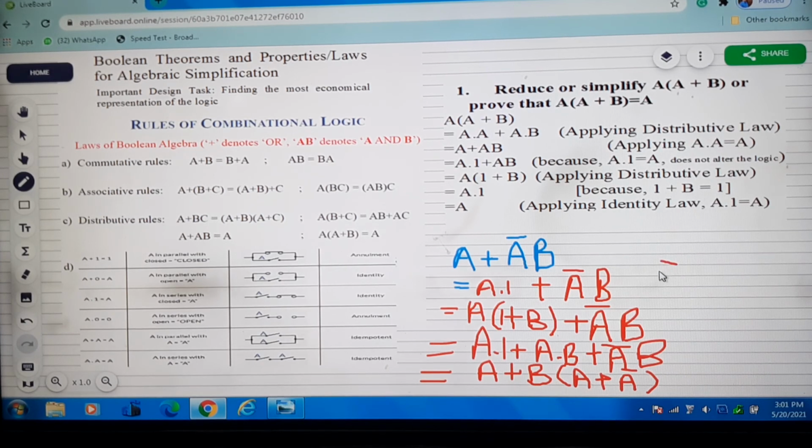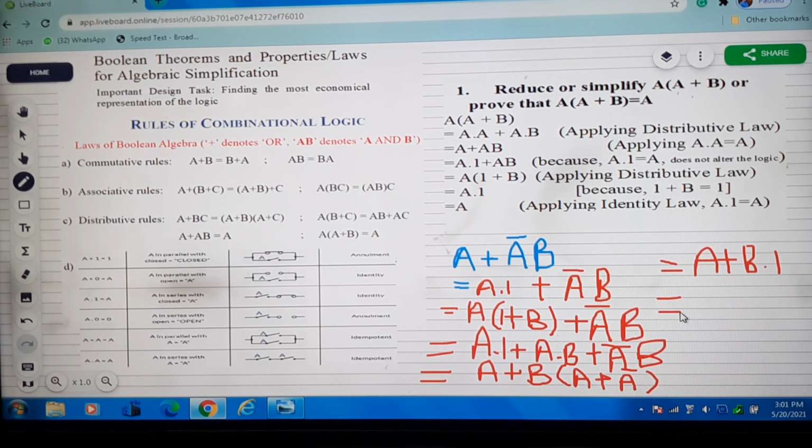Now using OR complement law, we can say that A plus A bar is equal to 1. So we can write the final expression comes out to be A plus B dot 1, because A plus A bar is always equal to 1.